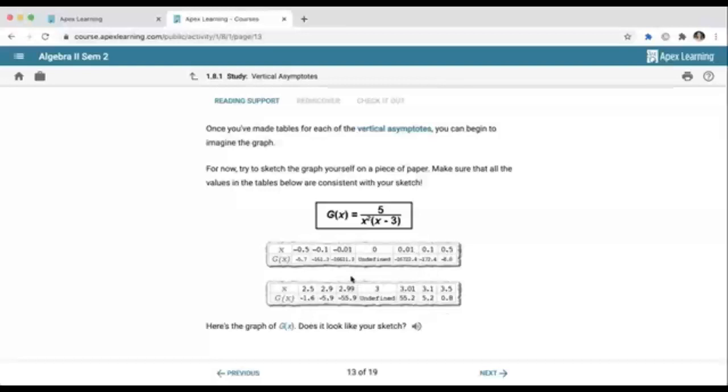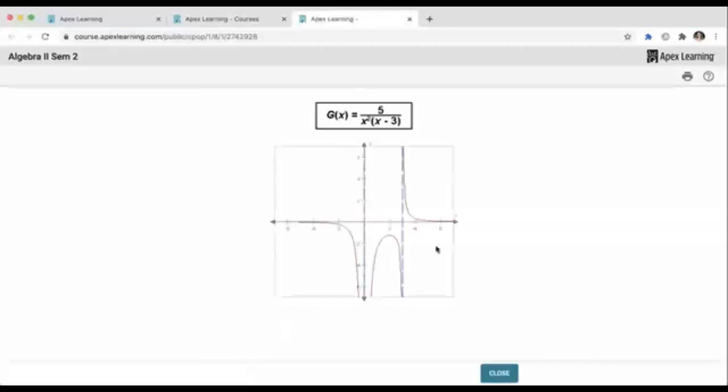Why does this work? All right, and if we look at our graph of g of x, it would look something like this. Okay? And to me, it looks like a combination of our 1 over x parent function and our x squared parent function.